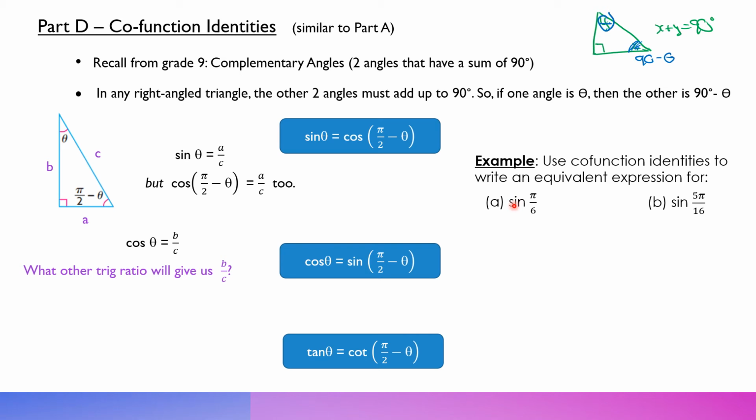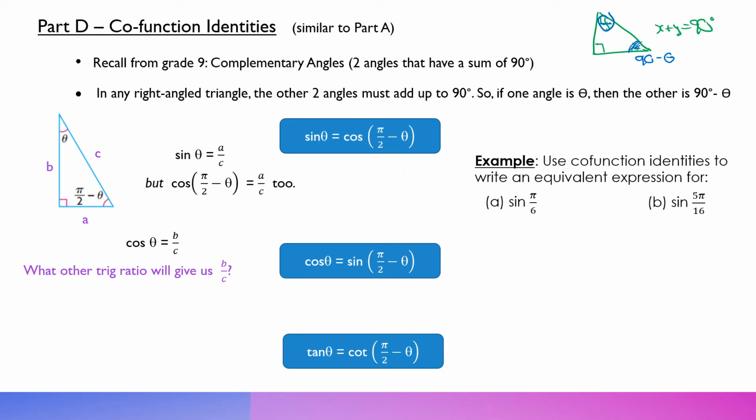You have a couple of different ways of doing this already from what we've done in our lesson, but let's first look at using these cofunction identities. Since I have to use its cofunction, which is cos, I'm going to rewrite this with cos, and I know that sine of any angle is equal to cos of pi over 2 minus that same angle.